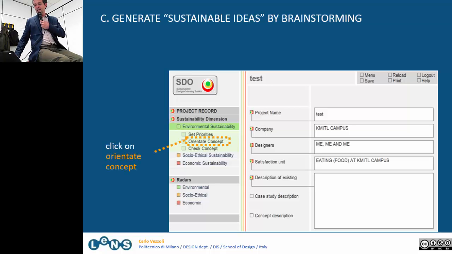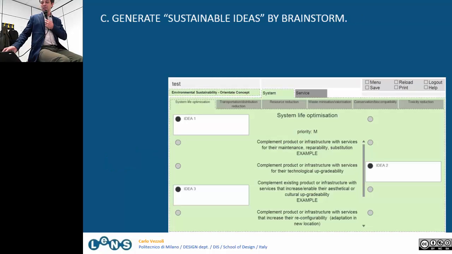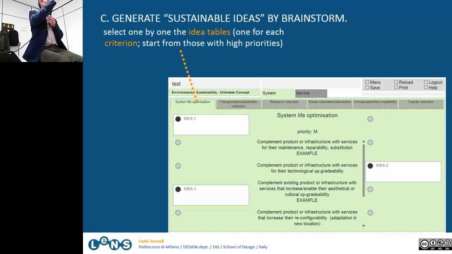So you click on Orientate Concept, and you go to the Sustainable Idea board, where you find 6 idea boards, one for each of the criteria, for the environmental, for the socio-ethical, and so on. Here are the environmental ones, and so, for example, the first idea table is related to system life optimization.